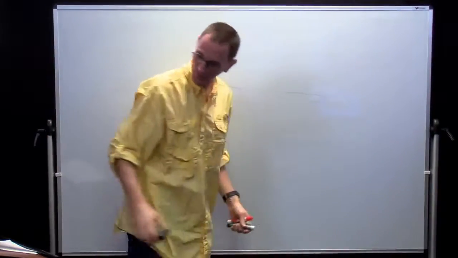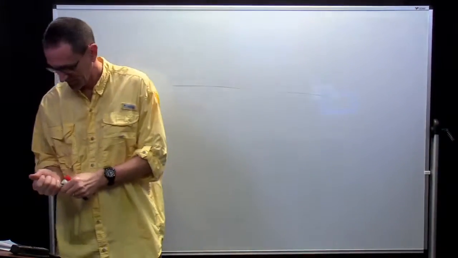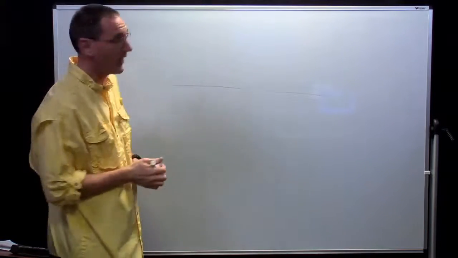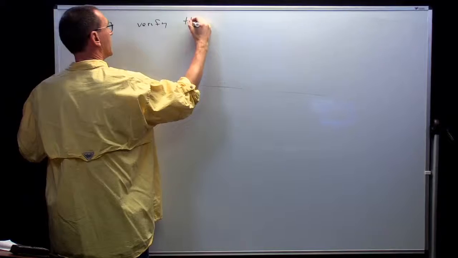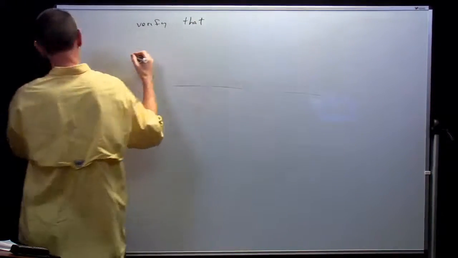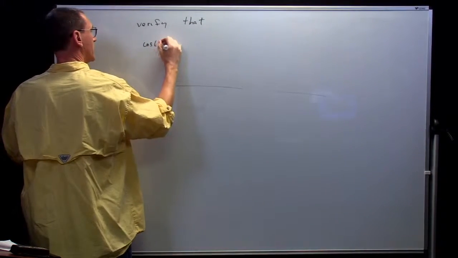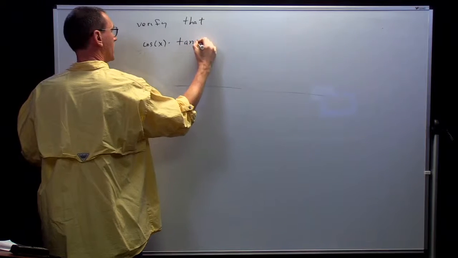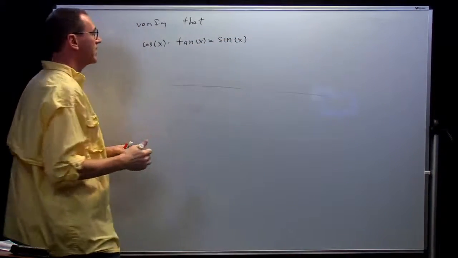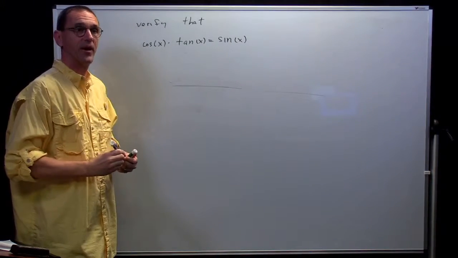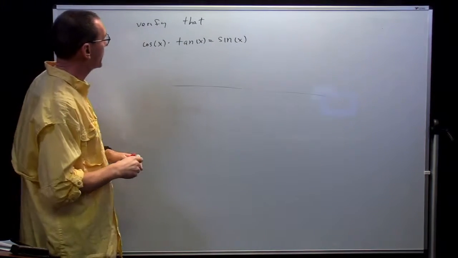All right, so for example, suppose I ask you to verify that cosine of x times tan x equals sine of x. Now, how do we do this?